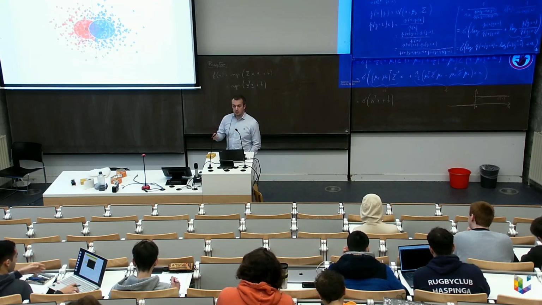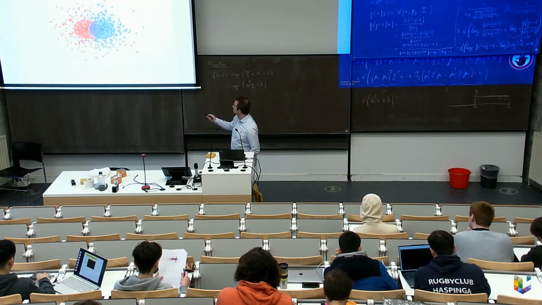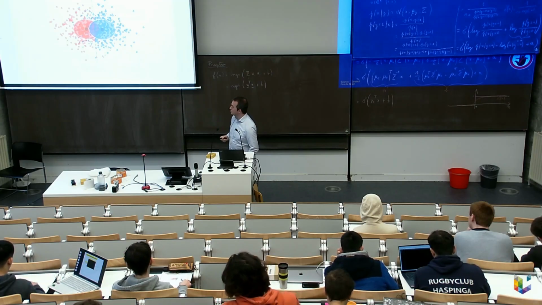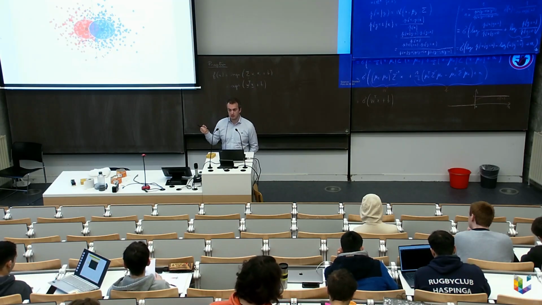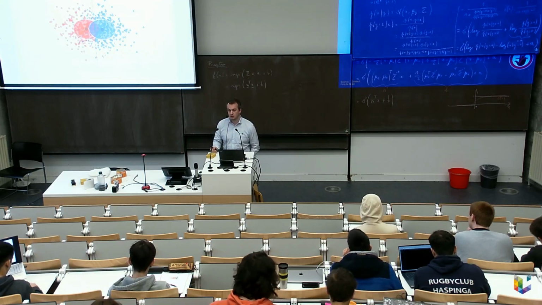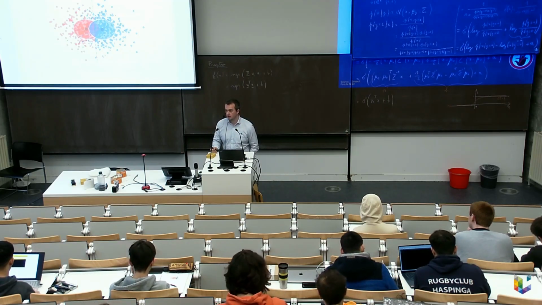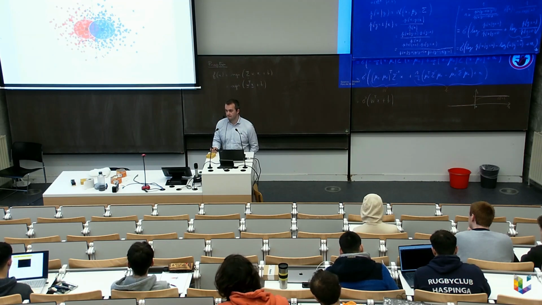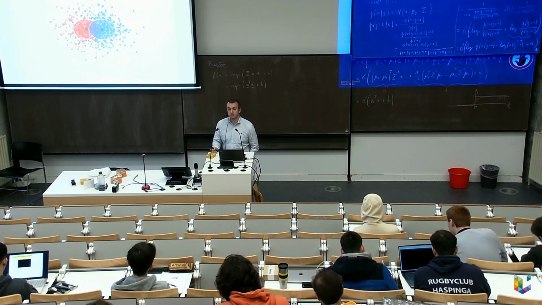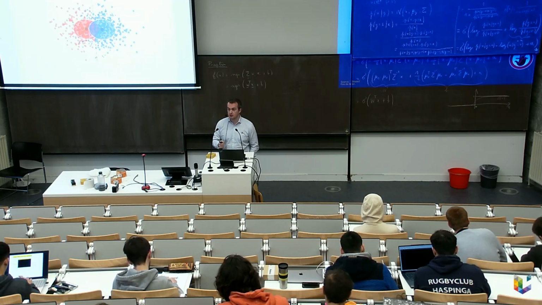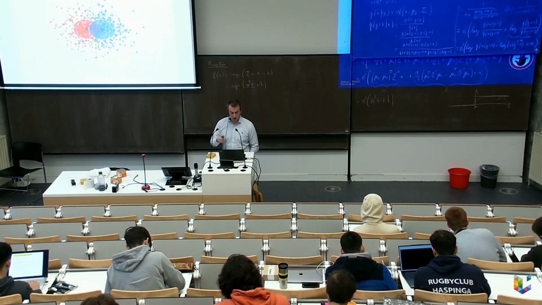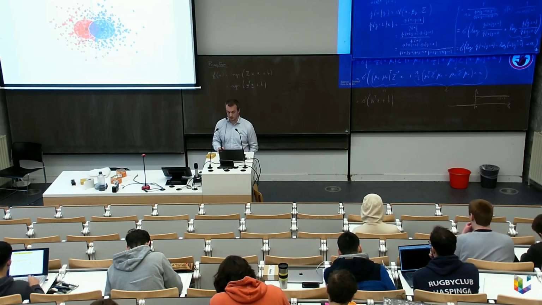The corresponding Gaussian distribution would be represented by the ellipses. You see there that the ellipses have the same shape. Why? Because that's an assumption that we make. We assume that the covariance matrix is the same.